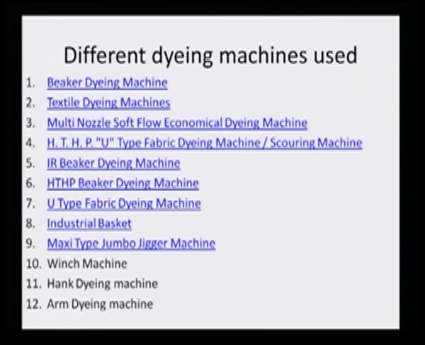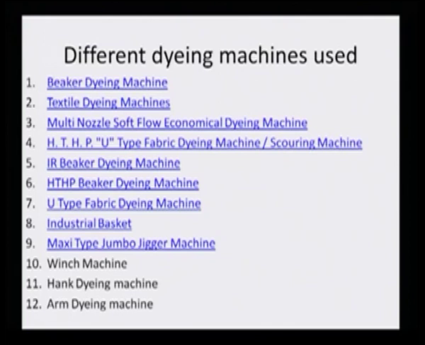Beaker dyeing machines or beaker dyeing in the laboratory, textile dyeing machines, multi-nozzle soft flow economical dyeing machines, HTHP U type fabric dyeing machines or scouring machines, IR beaker dyeing machine, HTHP beaker dyeing machine, U type fabric dyeing machine, industrial basket type dyeing machine, maxi type jumbo jigger machine, winch machine, hank dyeing machine, arm dyeing machine, and the list is exhaustive.